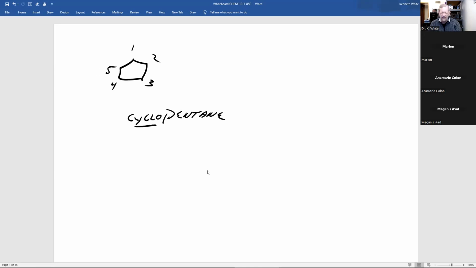Students forget to put that down. And I mark it wrong because pentane and cyclopentane are as different as night and day to me and any organic chemist. So remember on test 1, if you have a ring and you're naming it, put in the word cyclo as a prefix to tell that's a ring. Now, when there's only one substituent on a ring, we don't use a number.